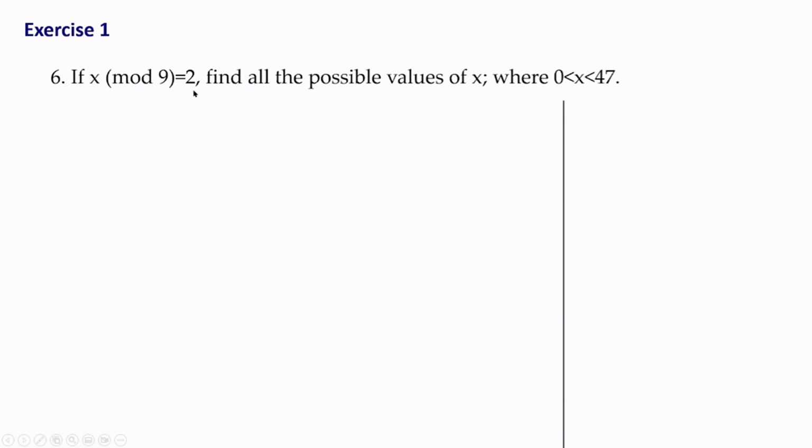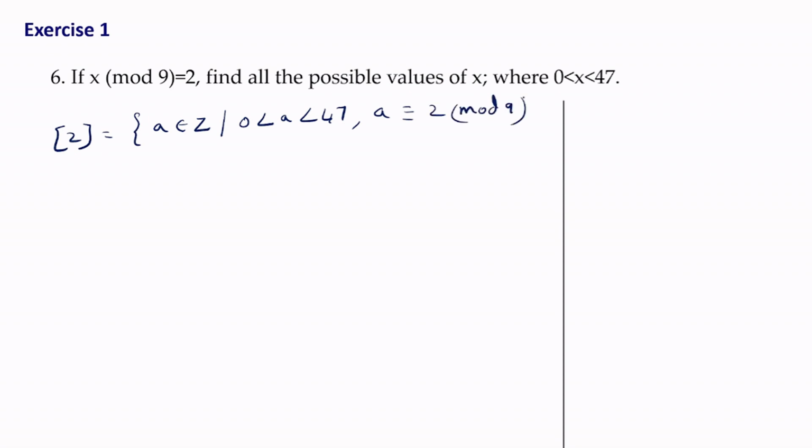So this is nothing but the equivalence class of 2. It is the set of all a belongs to Z such that 0 less than a less than 47 and a congruent to 2 mod 9. So all possible values of x is the equivalence class of 2.